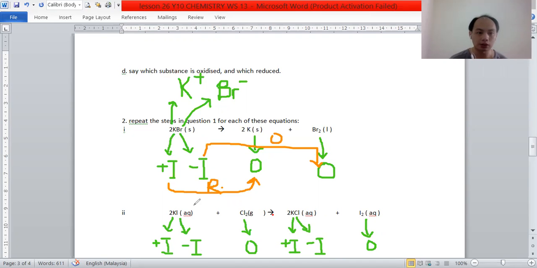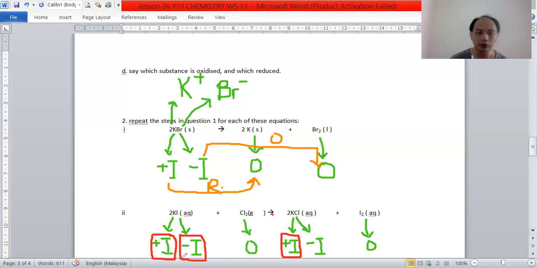We look at the elements one by one, starting from potassium, then iodine, then chlorine. Potassium is +1 on the left, and on the right hand side also +1. No change for potassium, so we leave it there. What about iodine? Iodine is -1 now, and on the right hand side it is 0.